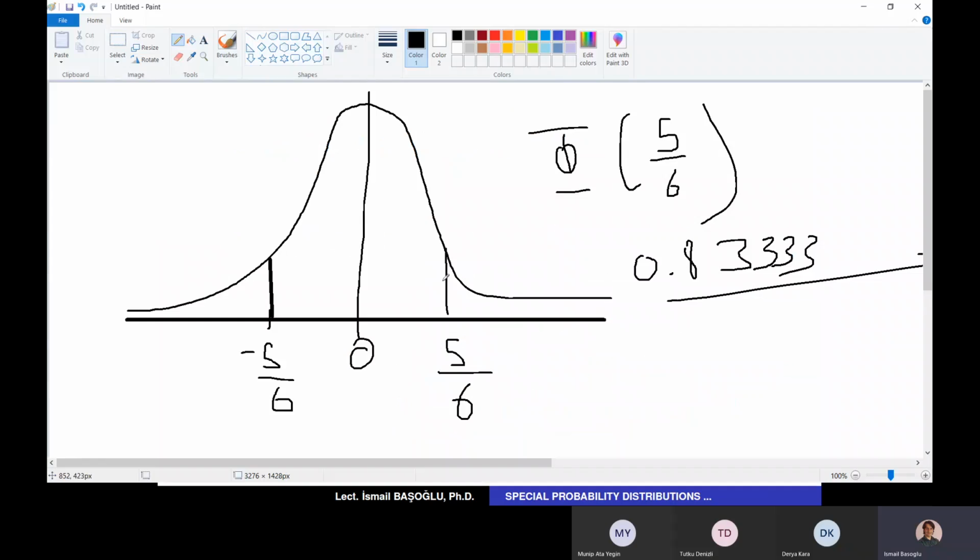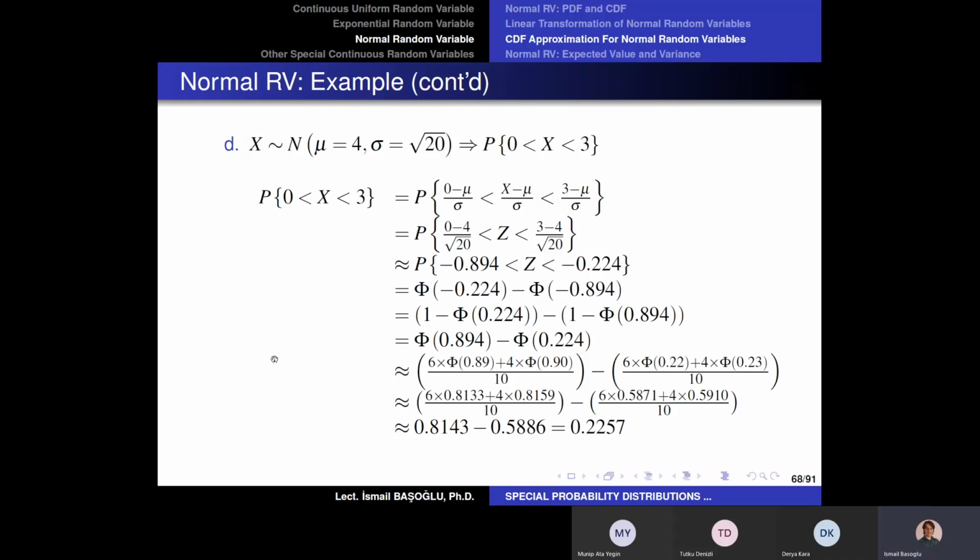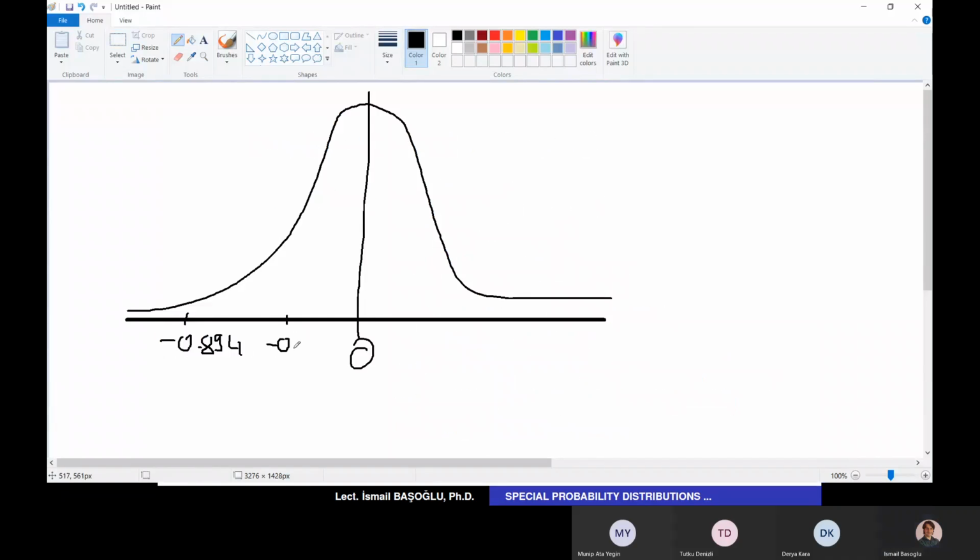So what is that actually? It says we have minus 0.894 here, and we have here minus 0.224.